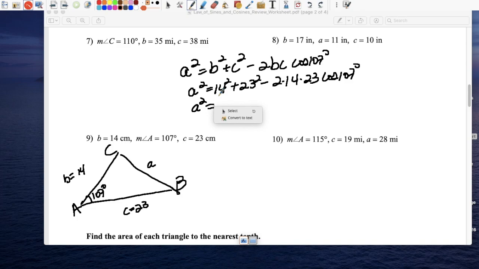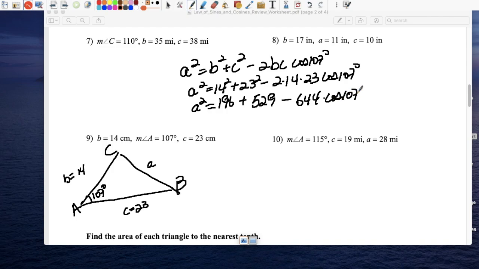Okay, so a squared equals 14 squared, which is 196, plus 23 squared, which is 529, minus 2 times 14 times 23, which is 644, cosine of 107.